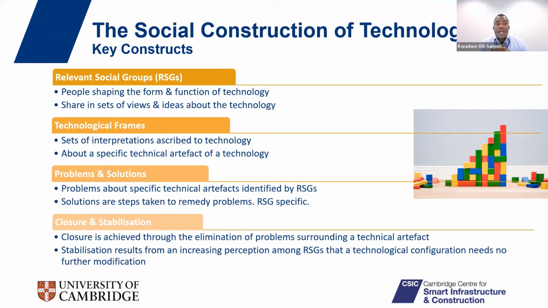So in one relevant social group, you could have a university professor, a construction worker, a bus driver, and a nurse, all sharing the view that a particular piece of technology holds benefits to improve health-related choices.